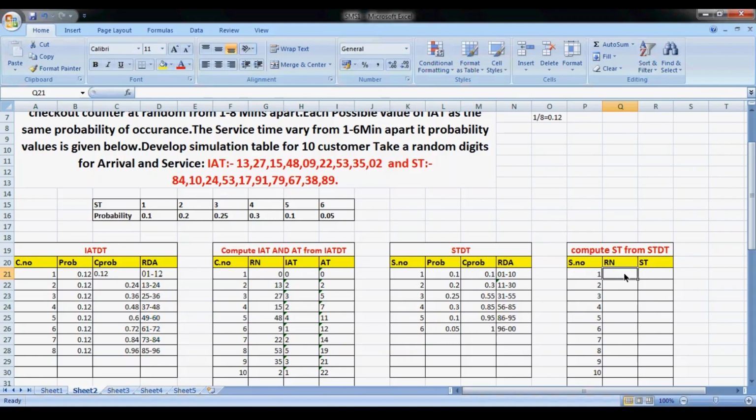So in the question, the random number for the first service time is 84, second is 10, third is 24, fourth is 53, fifth is 17, sixth is 91, seventh is 79, eighth is 67, ninth is 38, last is 89. These are the random numbers given for the service time.